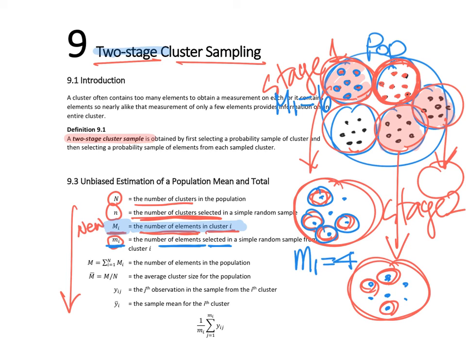And the next one is the summation, right? And be careful, it's up to the big N, right? And the next one is the average. And now there is a new one, the Y i j.